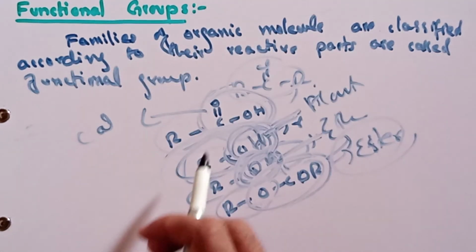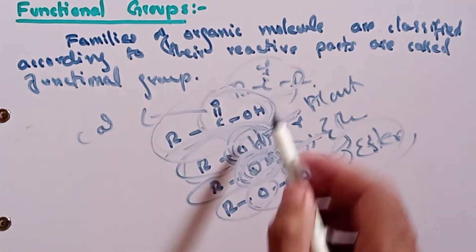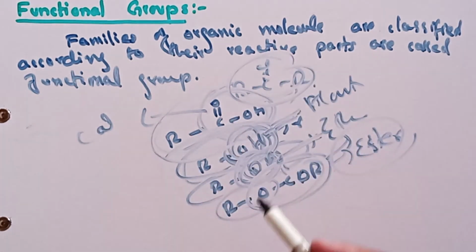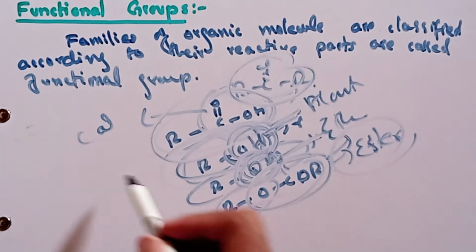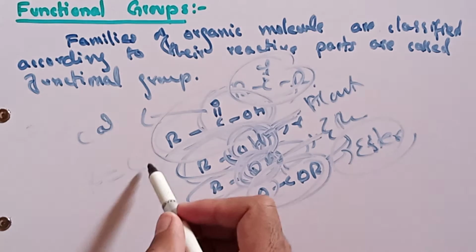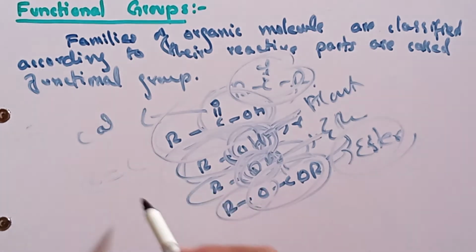That will be called ketone, and similarly aldehyde. C double bond C is alkene, and there are alkane and alkyne. These are the functional groups, because their reactive part shows their family. This is called a functional group.